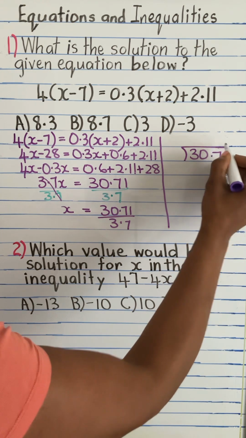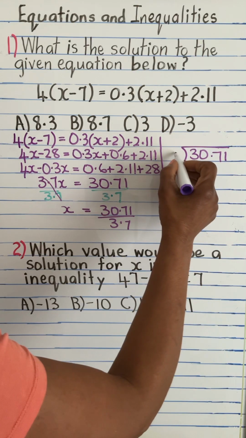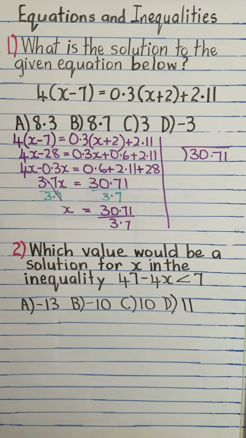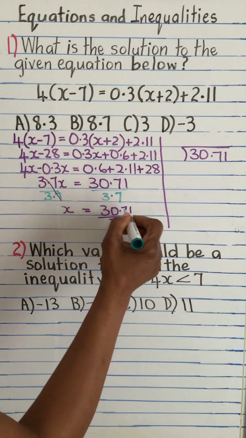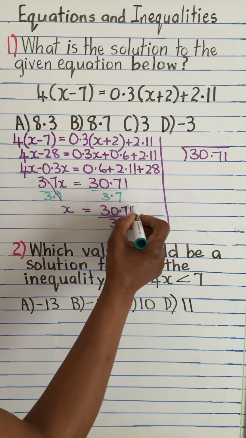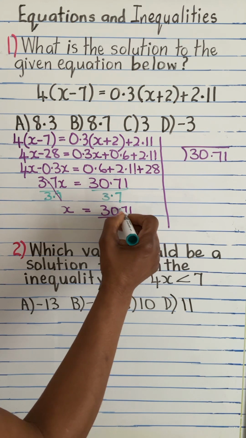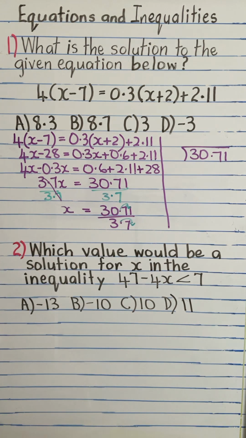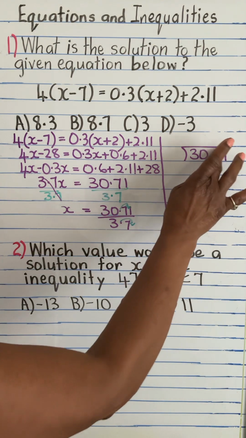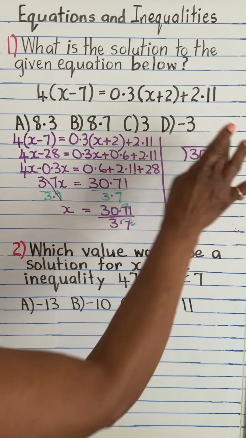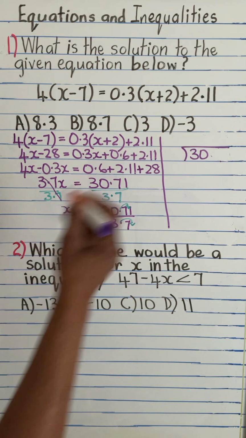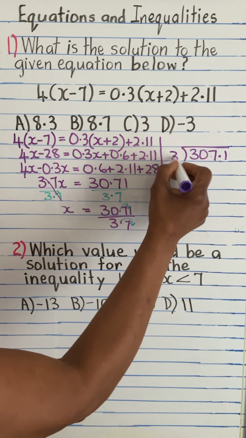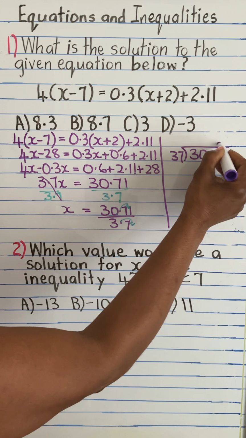We could further simplify this before we start dividing. What we can do is multiply both sides by 10. So we'll move the decimal point one place to the right, and now we'll have 307.1 divided by 37. Line up our decimal point.